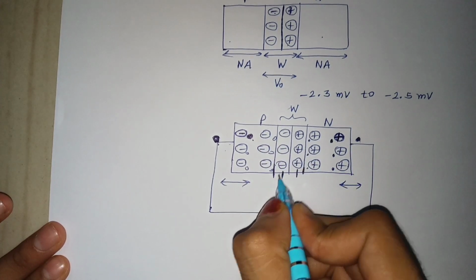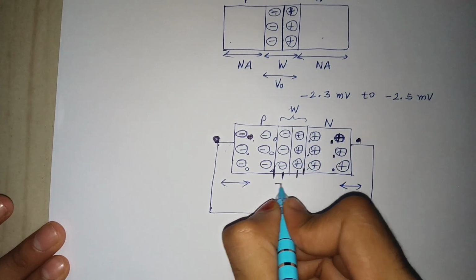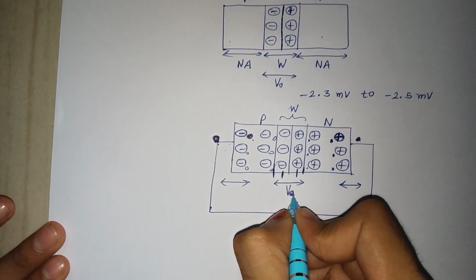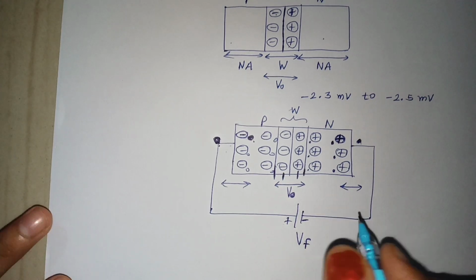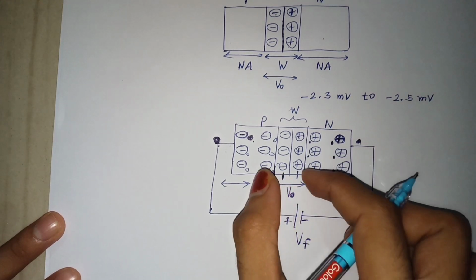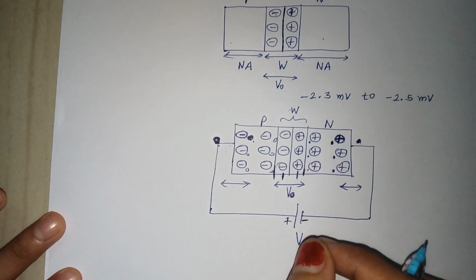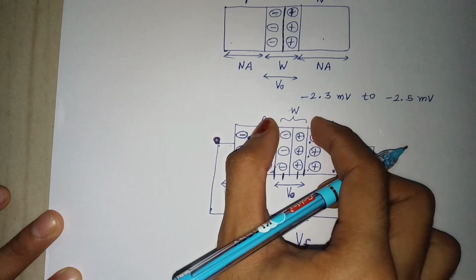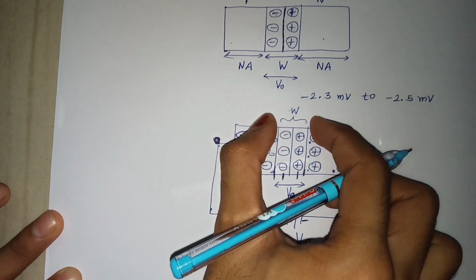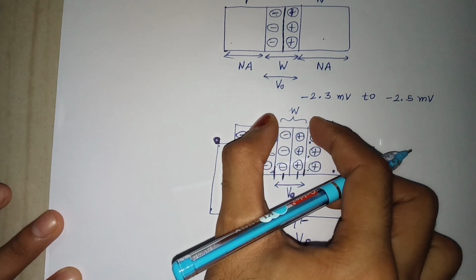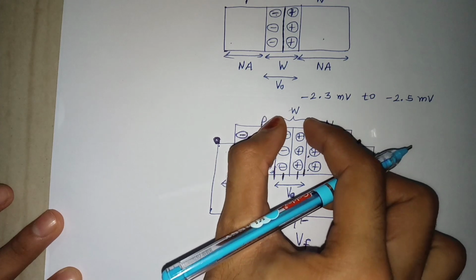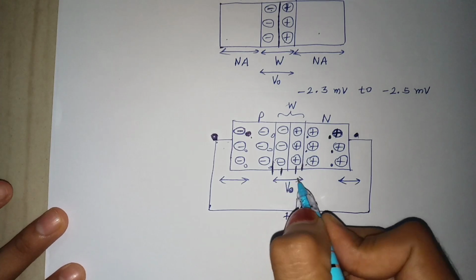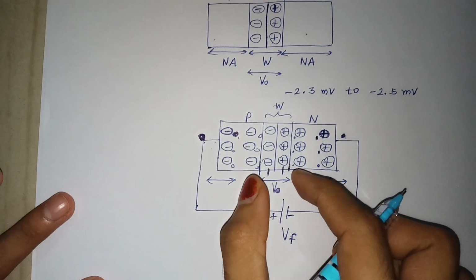As we know, the depletion width contains V0, the contact potential. If the depletion width decreases, then the electric field inside the depletion region decreases. First of all it is up to this, but due to the decrease in depletion it decreases, so this electric field also decreases. As the electric field decreases, V0 also decreases.